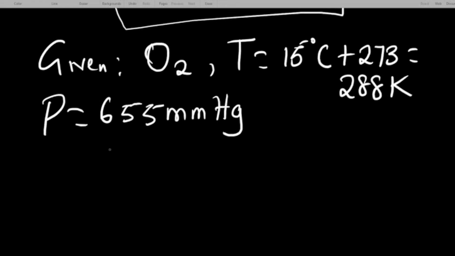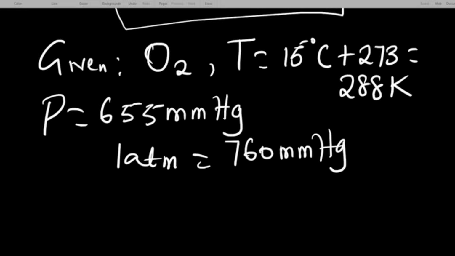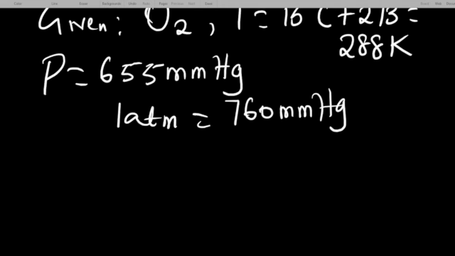Now what do we say? In 1 ATM, we have 760 mmHg. This is the conversion factor. So we're looking for the value of 655 mmHg in ATM.